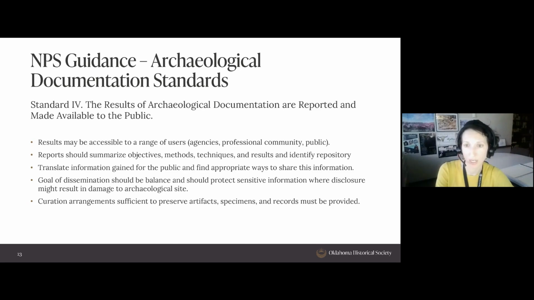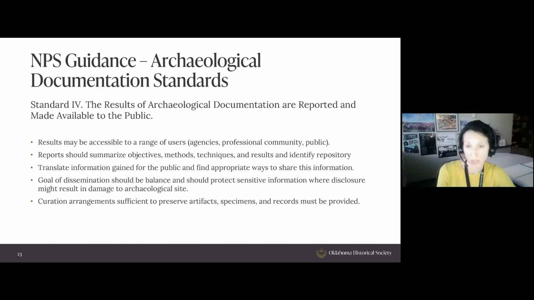Translate the information gained for the public. Communicate what you've learned in a way that's appropriate for the public to understand, and also that will still protect the resource. And find appropriate ways to share that information to meet the public where they are.